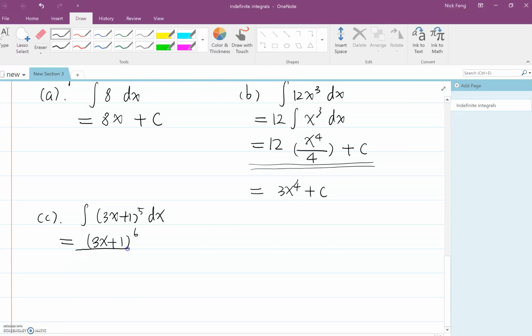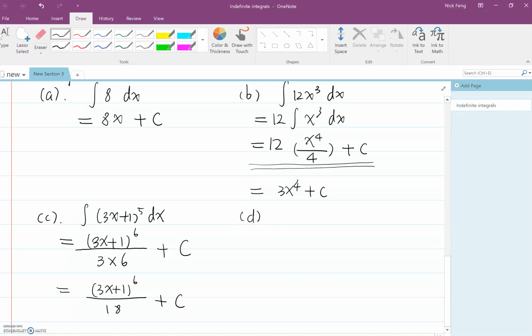And over, not just 6, but also 3 times 6. That is the leading coefficient of the first function, multiplied by the new power at the bottom as well. And don't forget again, plus c. And in this case, you should have 3x plus 1 to the power of 6 over 18 plus c.